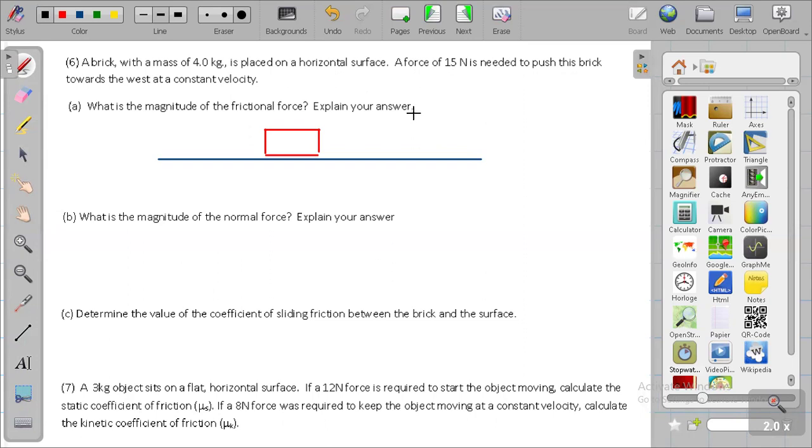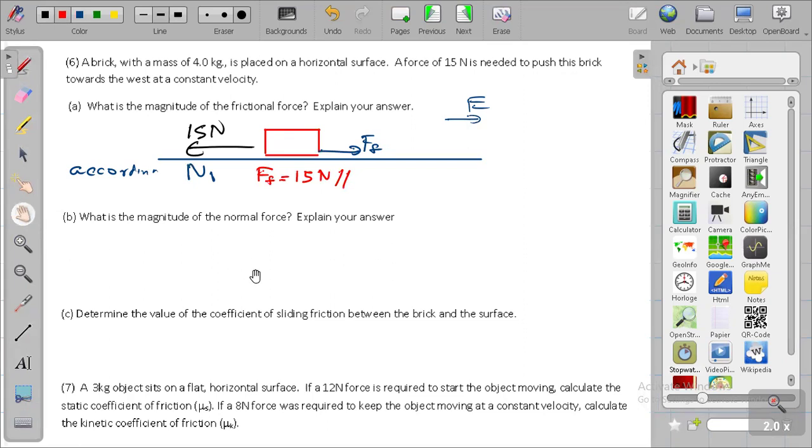A force of 15 Newton is needed to push the brick towards west, so there definitely should be a frictional force in the other direction, east. So frictional force according to Newton's first law of motion is equal to 15 Newton. That is not a very big deal. That is not rocket science. Very simple thing.